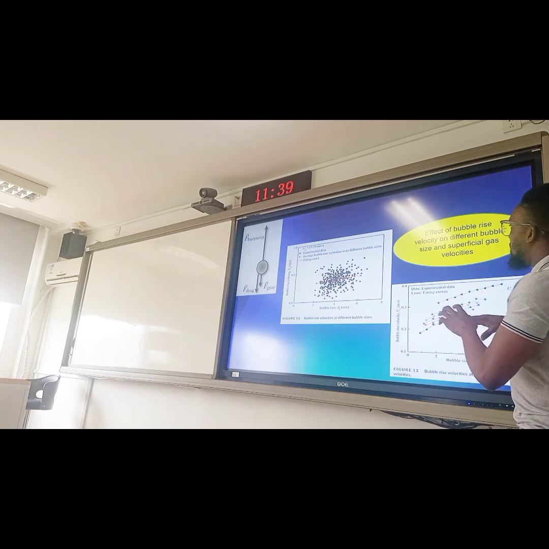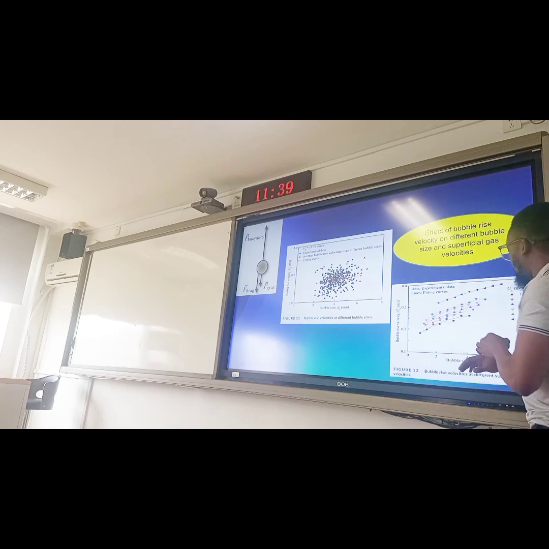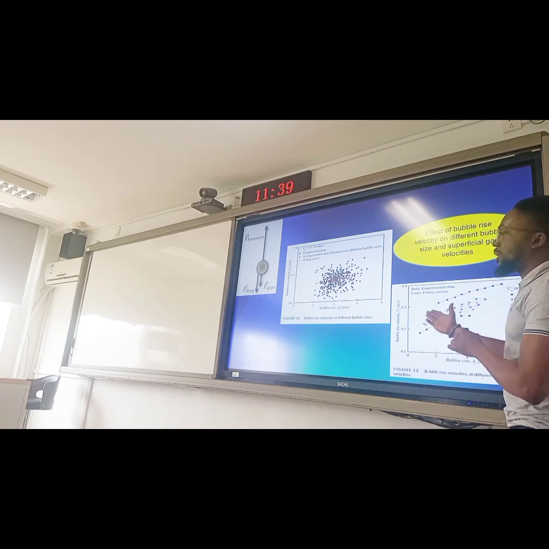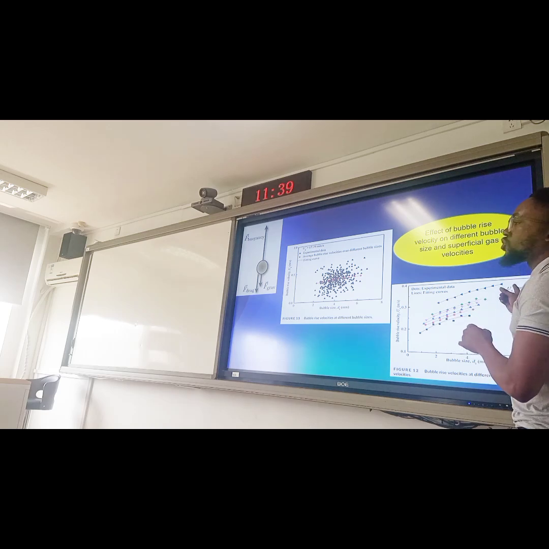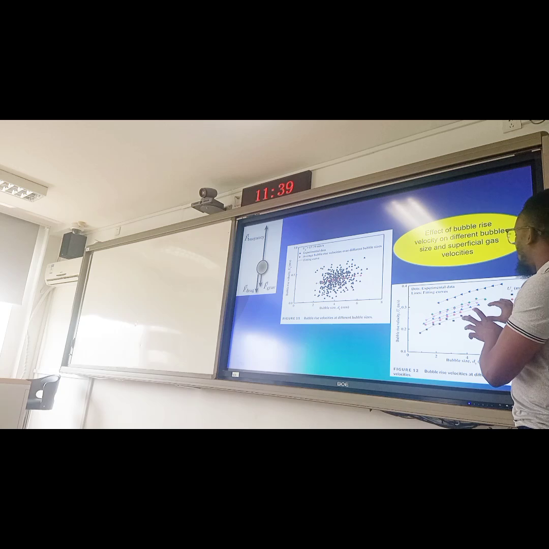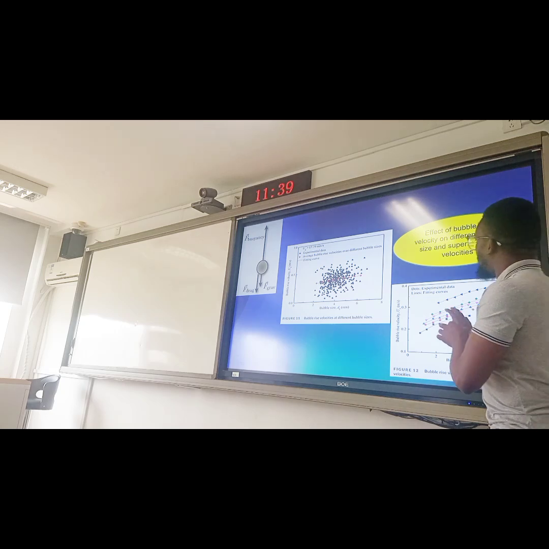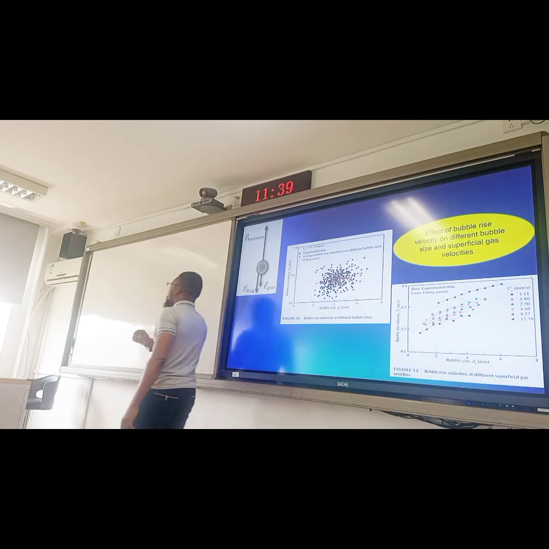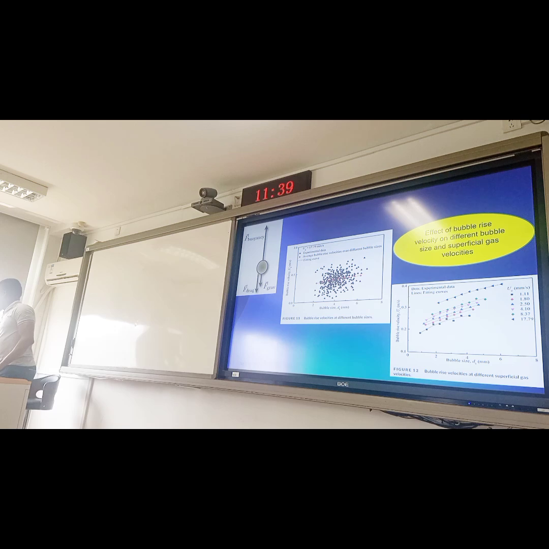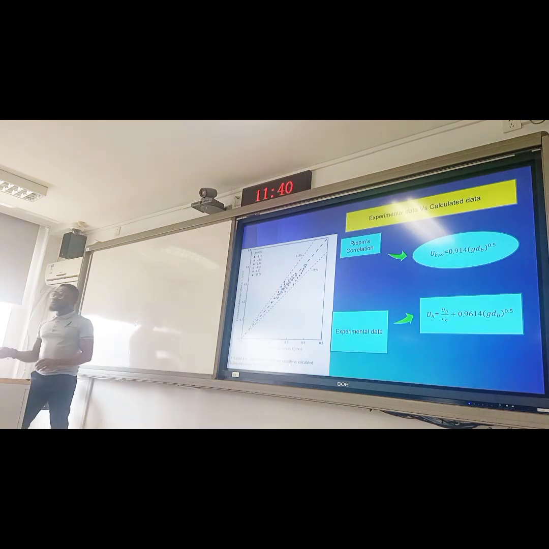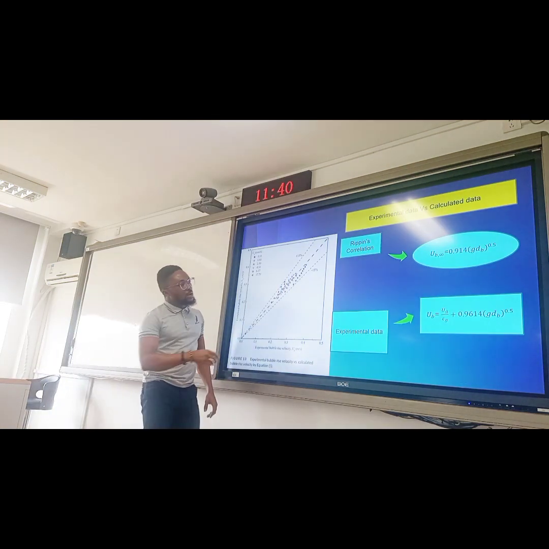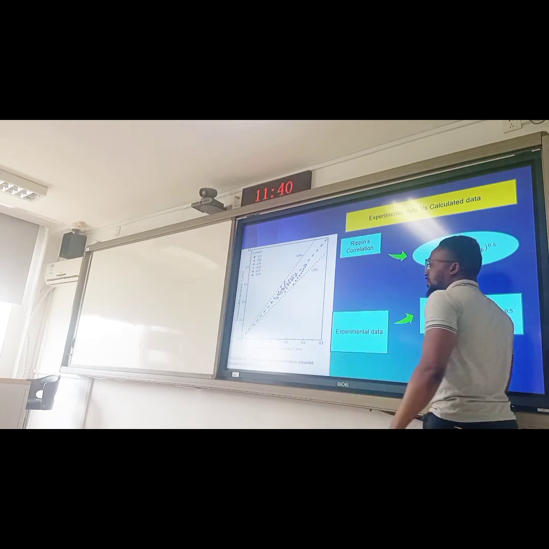If you look at this graph, you'll find that the bubble size increases with the bubble rise velocity and also with the gas velocity. From that, they were able to develop a correlation, an equation that can calculate the bubble rise velocity.